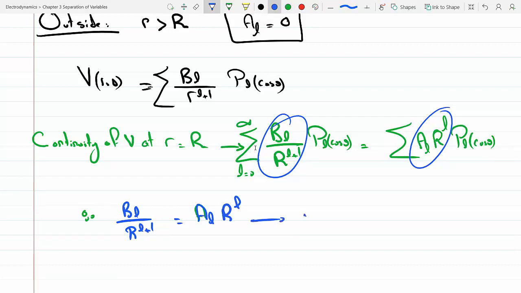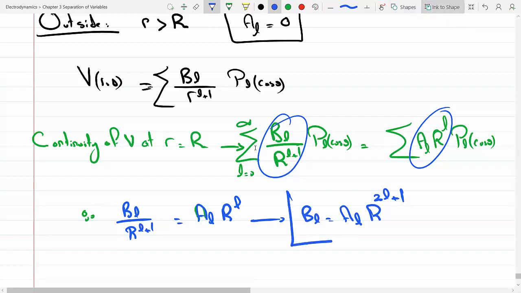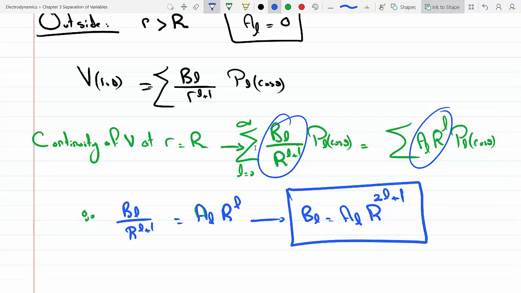Cross multiply, and you get B_L equals A_L R^(2L+1). So this is a relationship between A_L and B_L, meaning if I can find out what A_L is, I could find B_L right away.